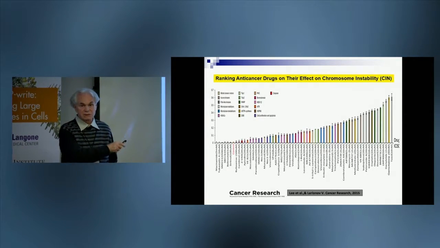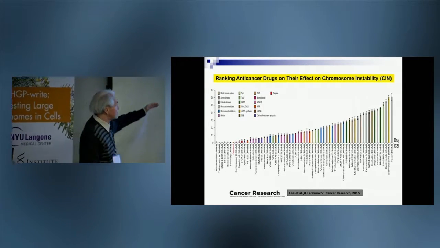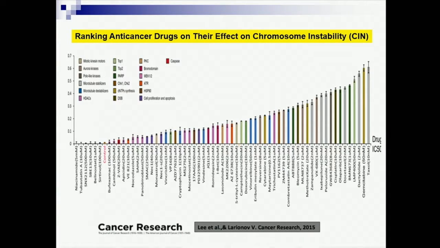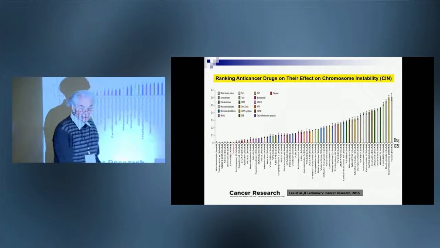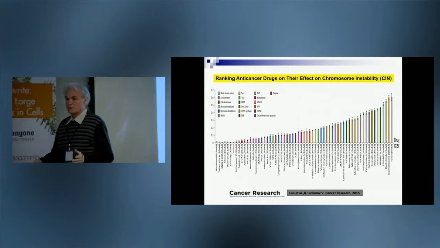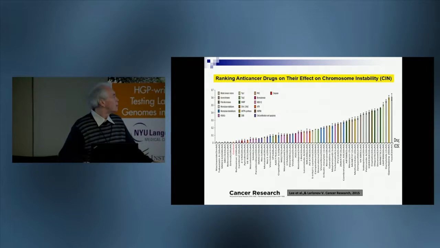Approximately 100 drugs currently used for cancer therapy in clinics were ranked for frequency of chromosome loss. The highest effect was identified for Taxol and gemcitabine. Treatment resulted in 60% of cells losing HAC after treatment, and of course losing other chromosomes. These drugs, unfortunately, are not new, but were introduced in clinics 30 years ago.